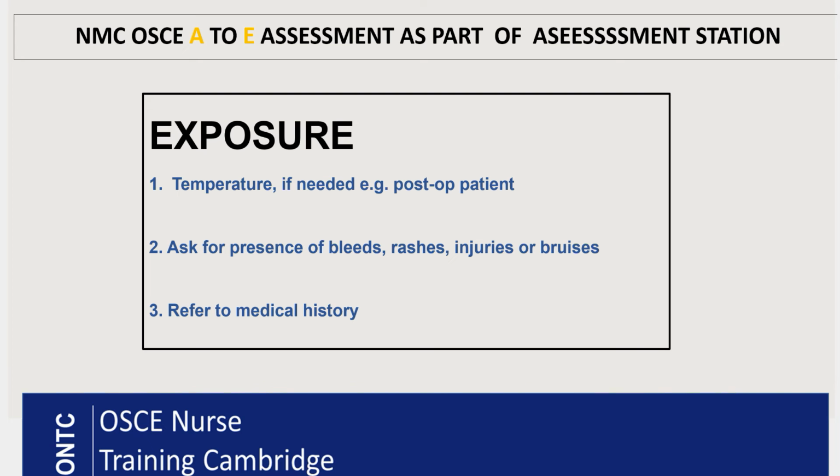Because we know certain medical conditions can put you at high risk of developing sepsis, like if the patient is a long-term diabetic, or has chronic heart failure, or COPD, or has an underlying infection already, whether it's a chest infection or some kind of wound infection. That would put you at high risk of developing sepsis, as would anybody with an immunocompromised condition or autoimmune diseases.